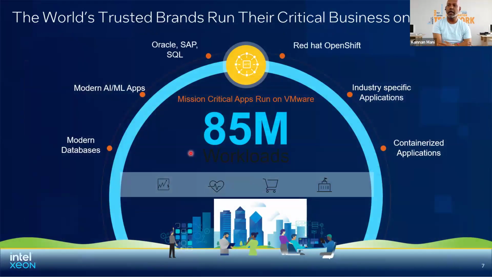Okay. You all know about this, but I also want to stress why we are saying this platform along with Intel is much, much better. As you see, business critical applications run on top of it. I told you I spent a lot of time at VMware.